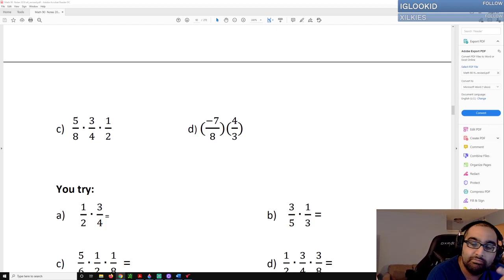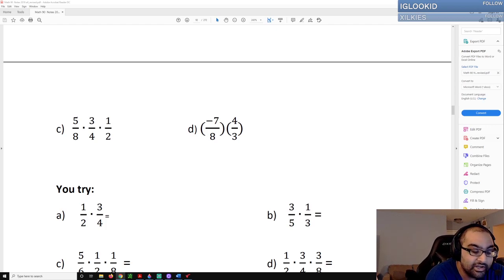Welcome back to Thursday, end of the week time today. So today, we're going to continue where we left off last time. Last time, we left off in section 2.5, talking about multiplication of fractions.